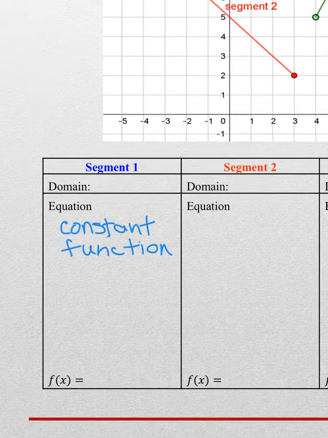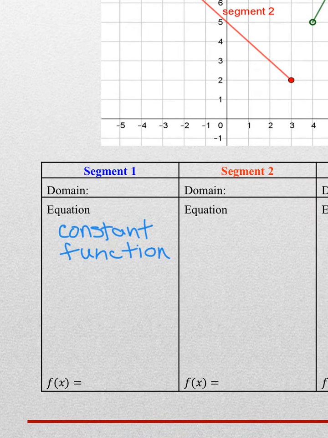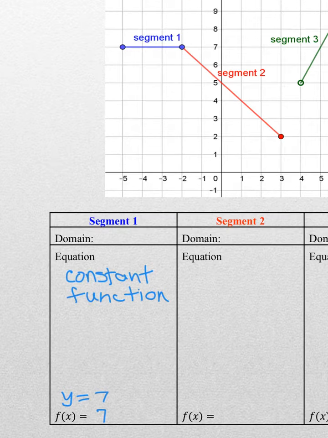So in terms of the equation, we would write f of x equals 7, or you could just use the two variables as well, y equals 7. However, that's restricted to a certain section of domain. As in the case of all intervals, we describe them with the x values, the domain.